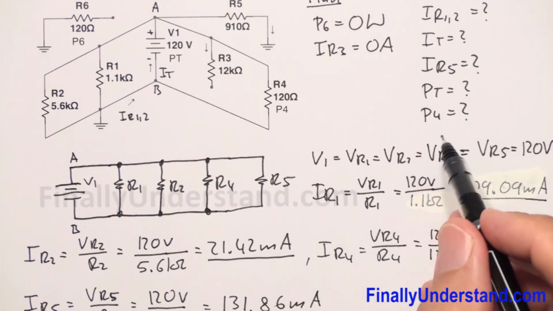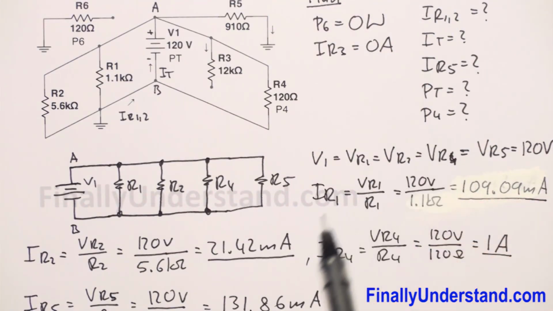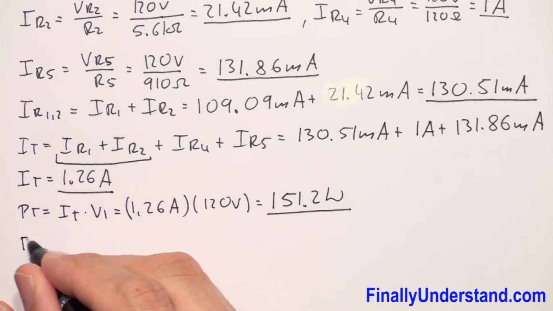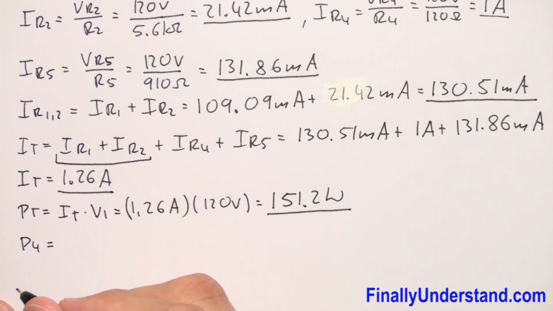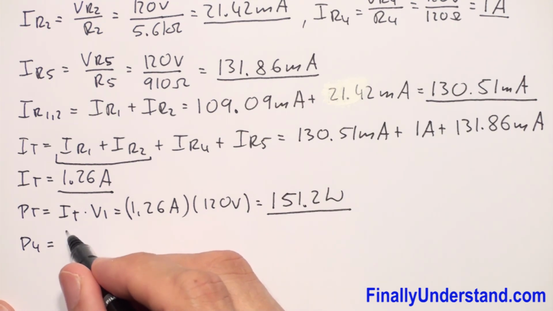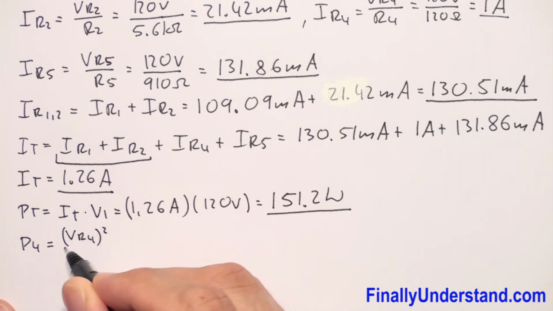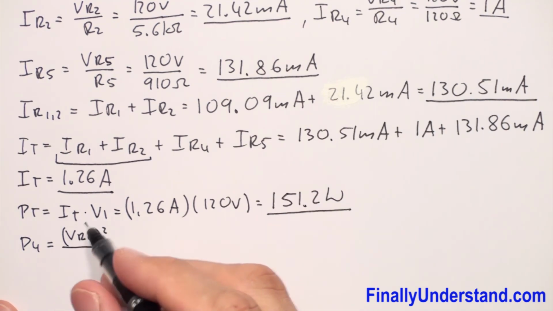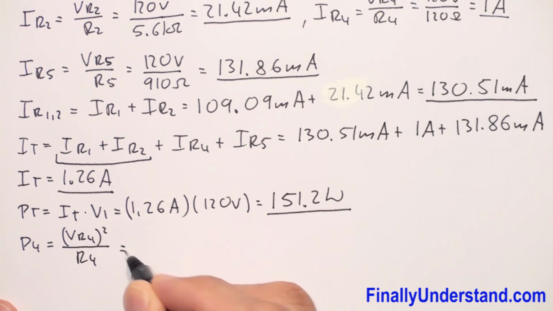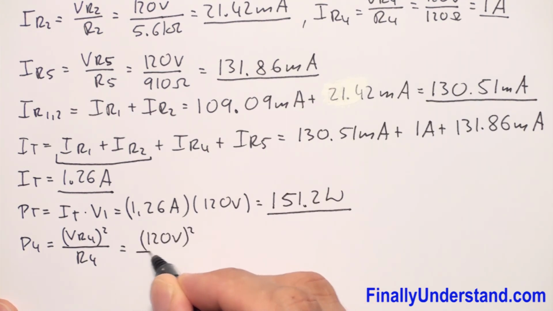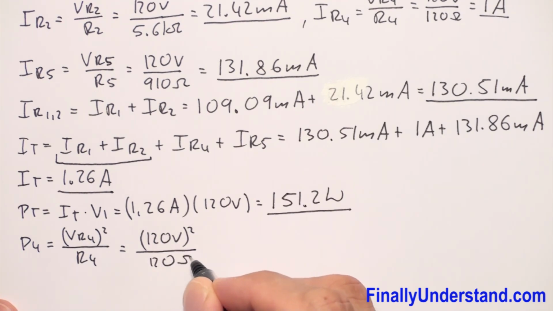Next, the problem is also asking me for the power at resistor R4. So P4 is equal to VR4 to the second power over R4, which is equal to 120 volts to the second power over R4, 120 ohms.